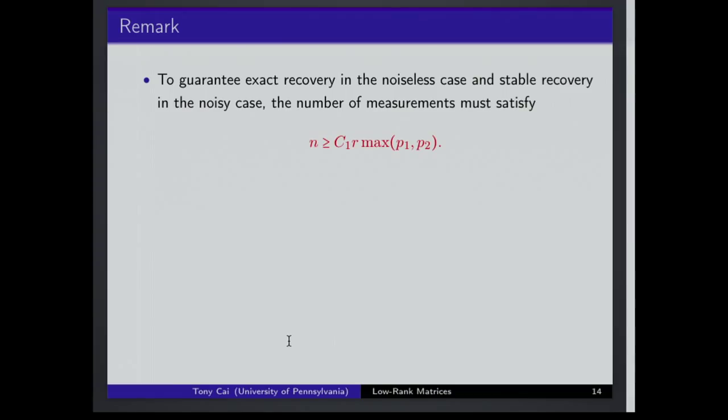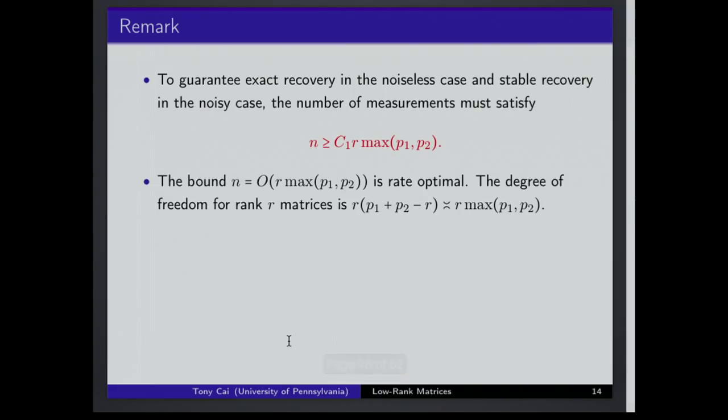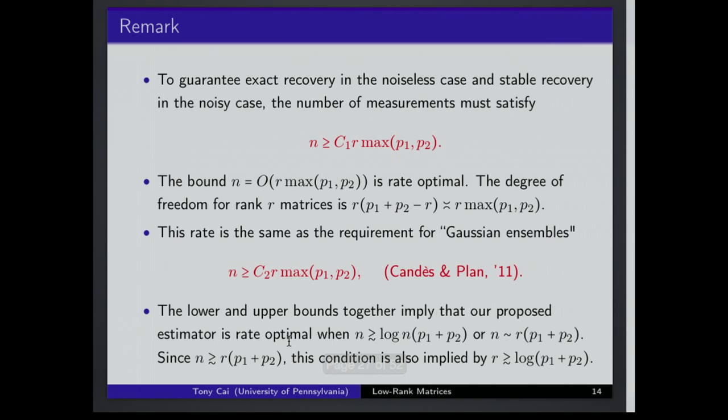So the number of measurements must satisfy this minimum requirement. And that requirement, by the way, comes from the simple counting of the free parameters in the rank R matrix, and also the number of samples required in this case is the same as the number of samples required for Gaussian measurement.